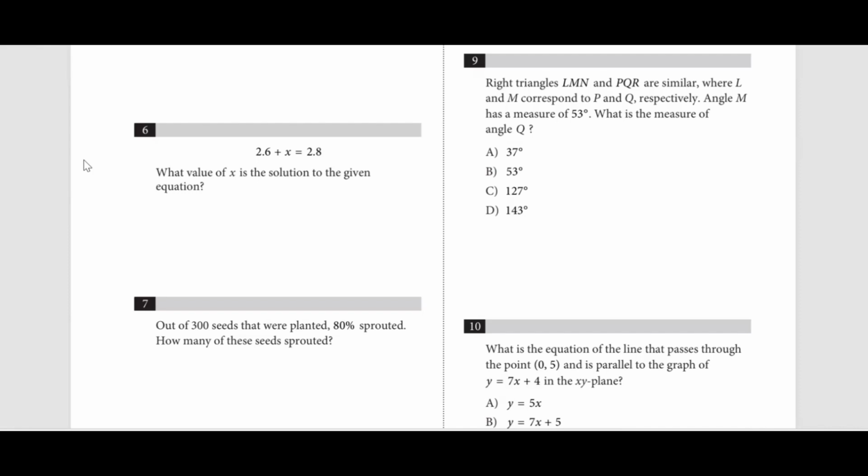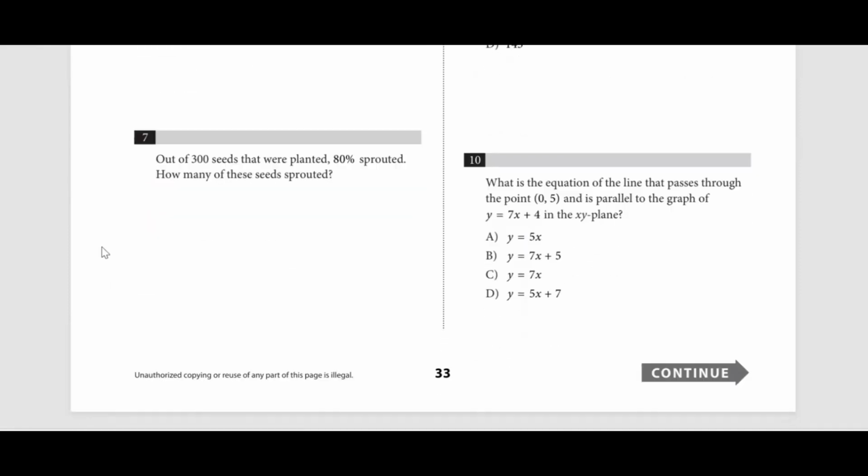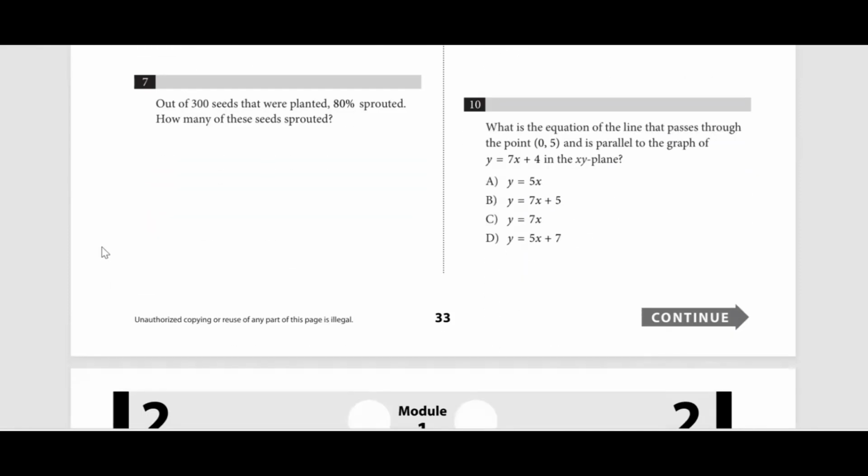So the question number 7, Nesma. The question number 7 is on percentage. Tell me the answer. We have been given that there are a total of 300 seeds, and 80% of the 300 seeds sprouted.